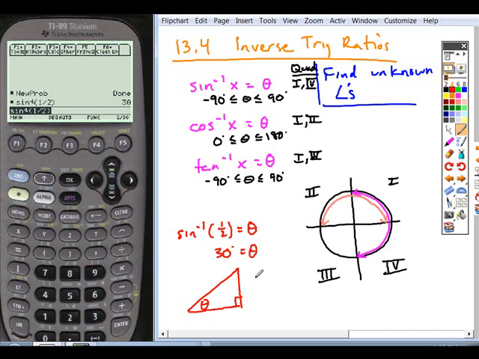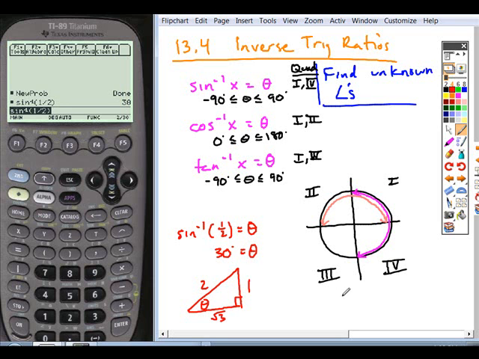The sine ratio is opposite over hypotenuse, so it's asking which angle has a sine ratio of 1/2. You have a 30, 60, 90 right triangle here, so it makes sense that this would be 30 degrees.